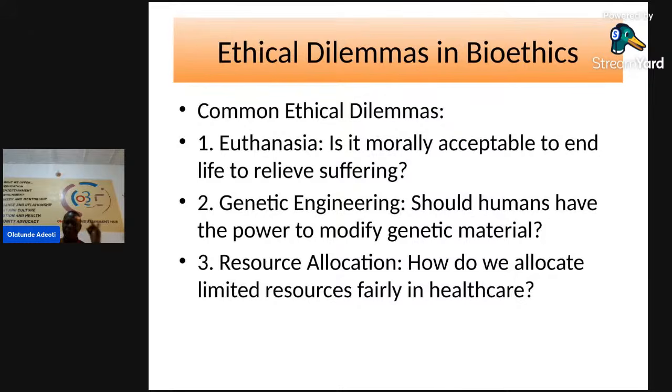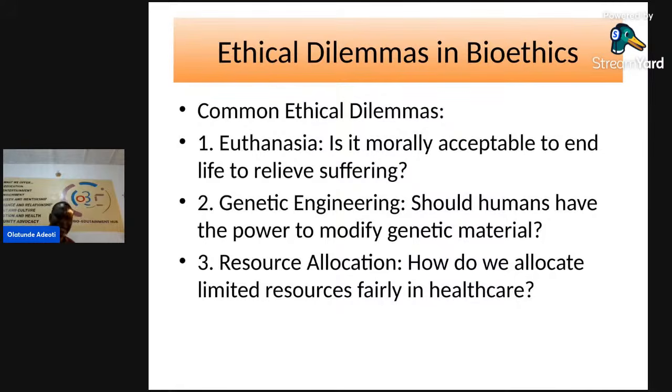Then another one, which is number two, is very common in biology today, and that is the practice of genetic engineering. Should we as human beings decide that we have the power to modify the genetic material of others? That is the result of genetic practices or genetic engineering, which is manipulation of the DNA.